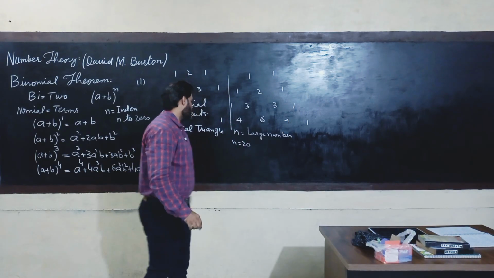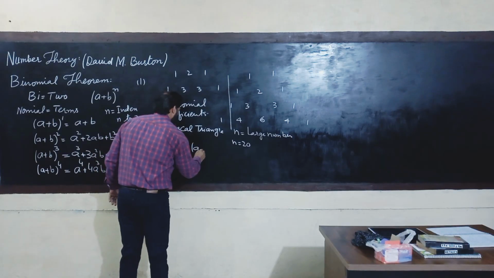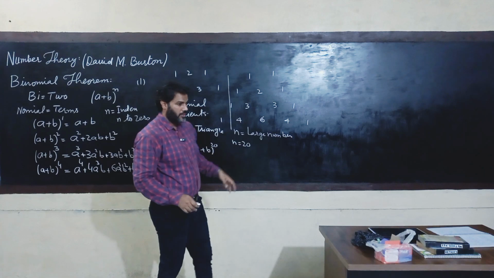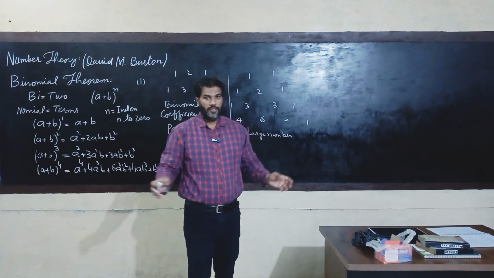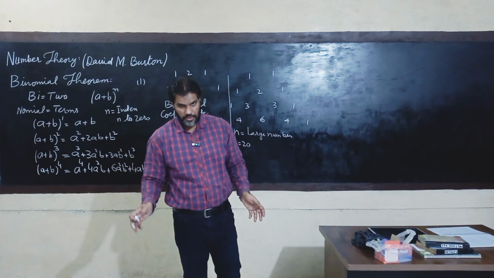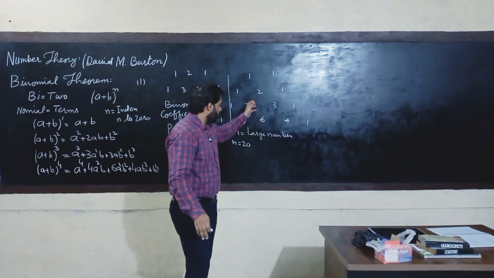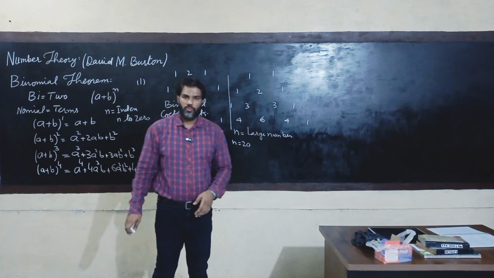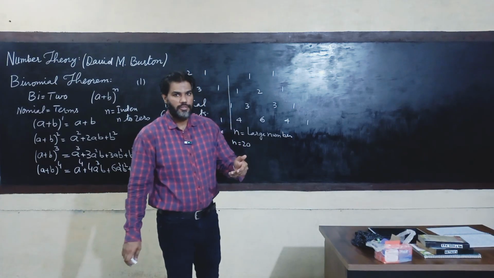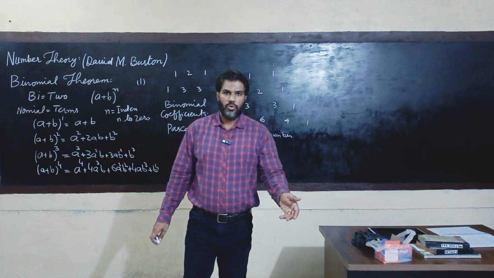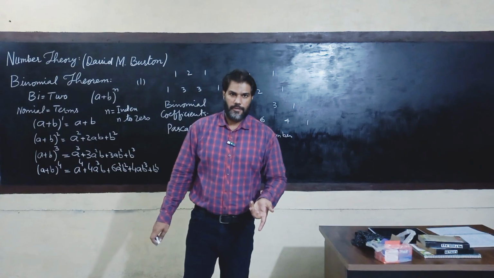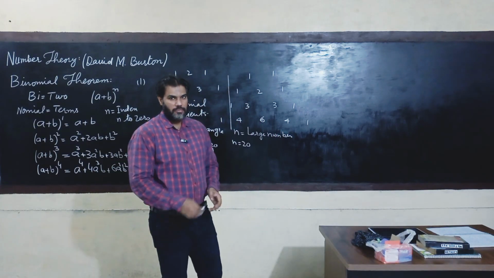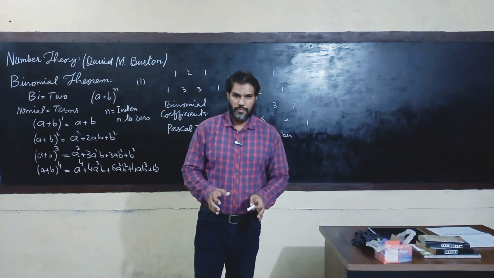To find the coefficients of (a + b) to the power 20, we have to make a Pascal triangle that requires a large paper, sufficient time, and at the 20th row we can find the coefficients of (a + b) to the power 20, and it might be possible that in the 20th row there may be some error. So that's why for a sufficiently large number, Pascal triangle has some drawbacks.